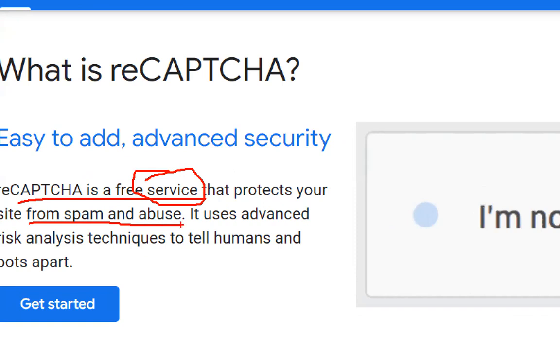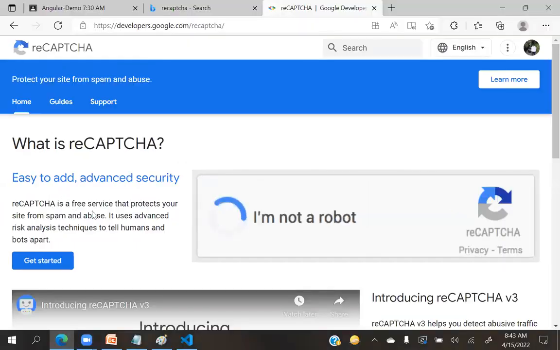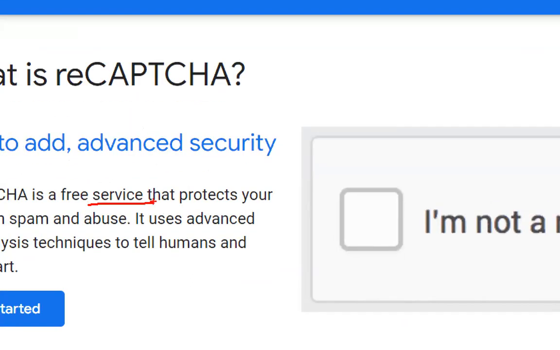If you want to protect your site from spam and abuse, then you need CAPTCHA. And don't think that you can write code for CAPTCHA. Not possible at all. For that, you need to know artificial intelligence programming, and you shouldn't waste time writing that. We just use it. It is already provided by these people. So it is a service.